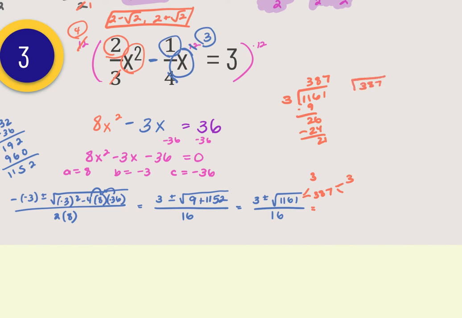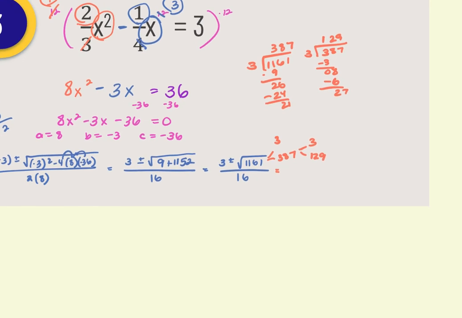387 divided by 3, it's 1, 2, 9. 129, again, not even. Add up my digits. 1 plus 2 is 3 plus 9 is 12. That is also divisible by 3. It'd be 43.